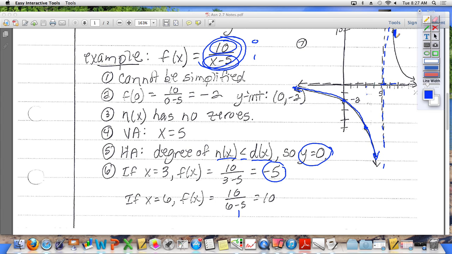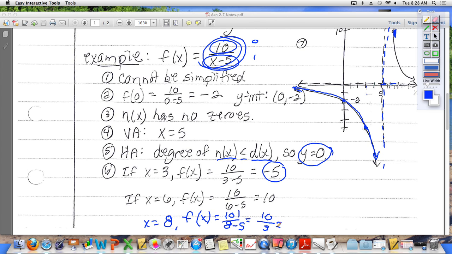And probably what I should have done, or if you need to, is try, well, what happens when x is, say, 8? Well, if x is 8, we would say f of x is equal to 10 divided by 8 minus 5, and 8 minus 5 is 3.